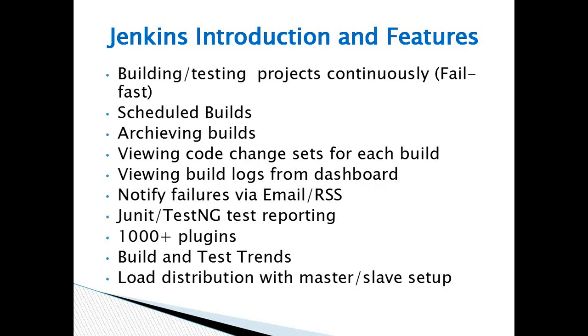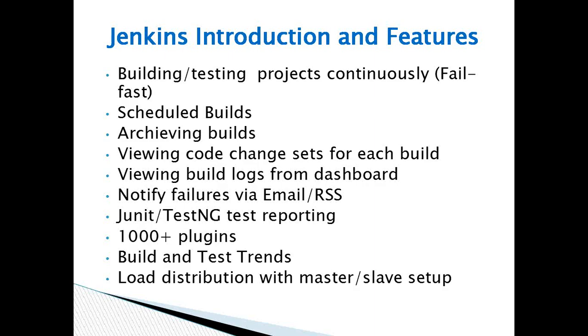We need the build to happen immediately and we need faster feedback. We don't want to wait until other projects' builds are complete to see the result of my build. So we want to distribute the load of these builds to different machines so we can get faster feedback.